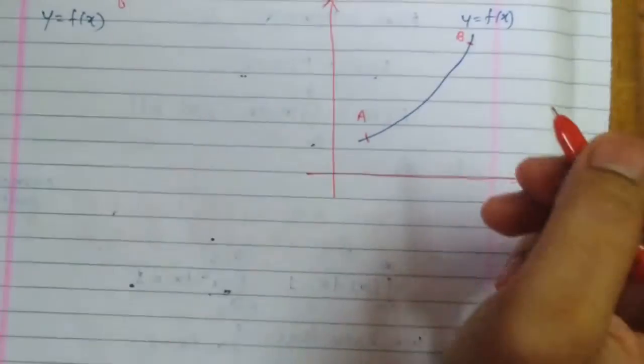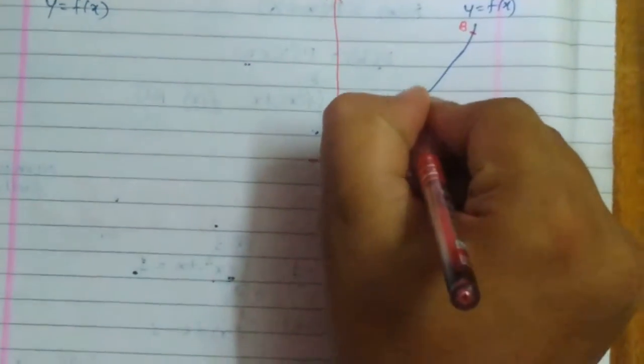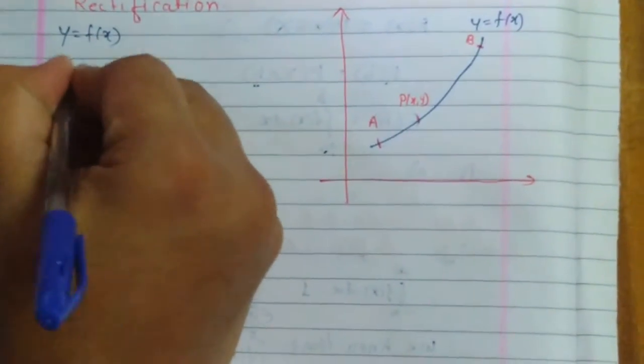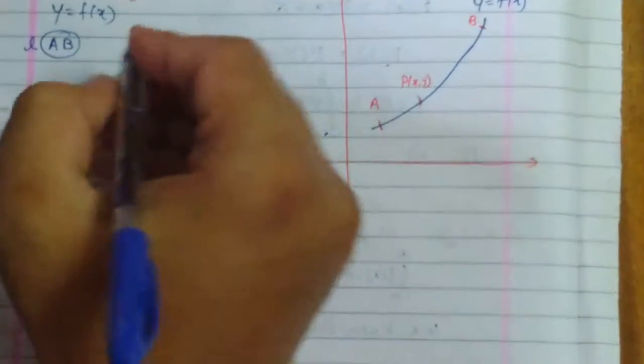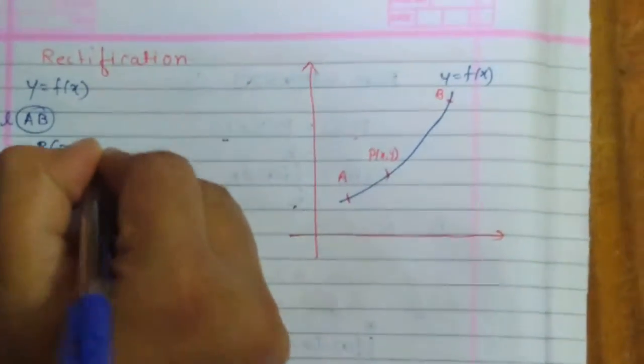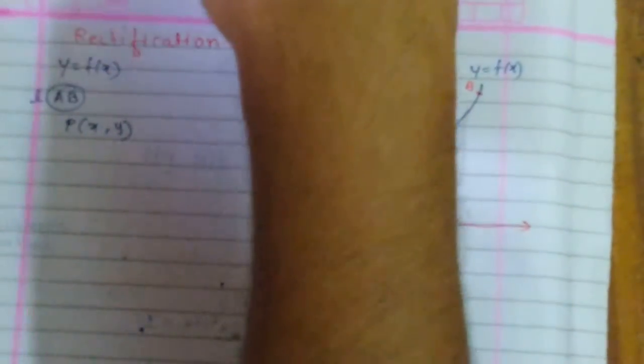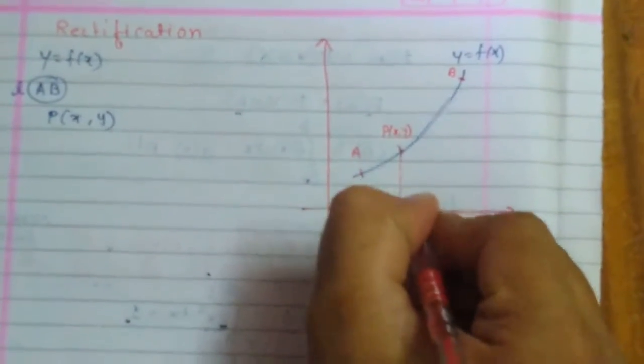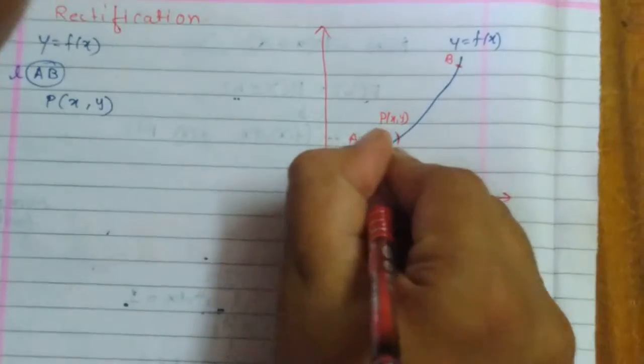Now let's consider one point on this line, say P x comma y. I have to first of all measure this length AB. I am taking one point x comma y on this plane like this. Some x coordinate is there and having some y coordinate is there.